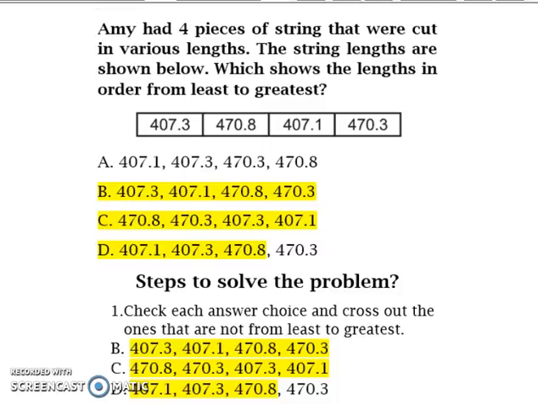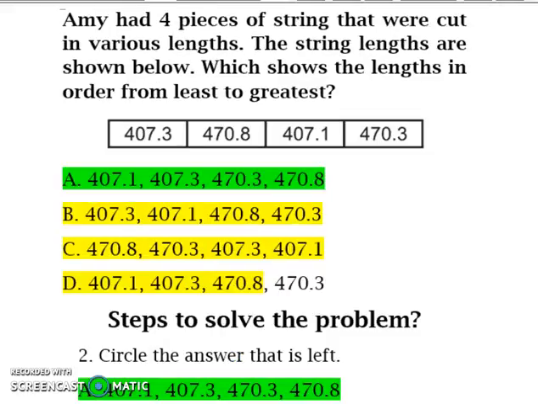That stops us because the next length is 470.3, and we know that 470.3 is smaller than 470.8, so D is the incorrect answer as well. So B, C, and D are not the correct answer choices. What do we have left? We have A. A shows the lengths in order from least to greatest.